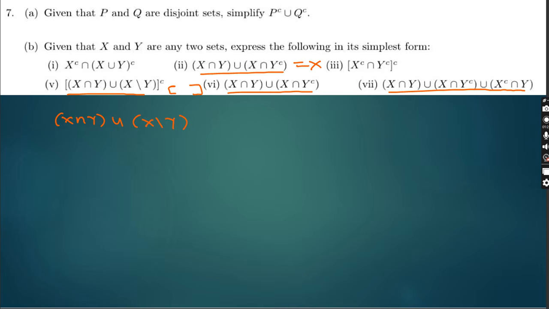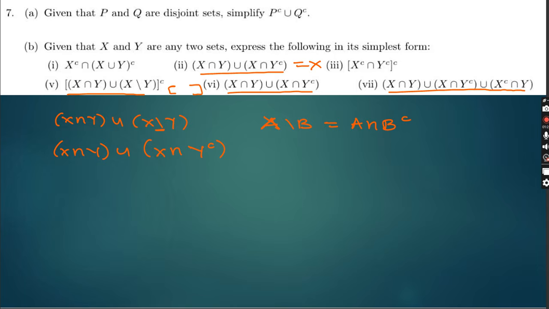So here is what we are going to do, guys. Writing this is the same as in that form. I was saying a relative complement b is the same as a intersection b complement. You should remember this. So even here it is the same as we write x intersection y union x intersection y complement.